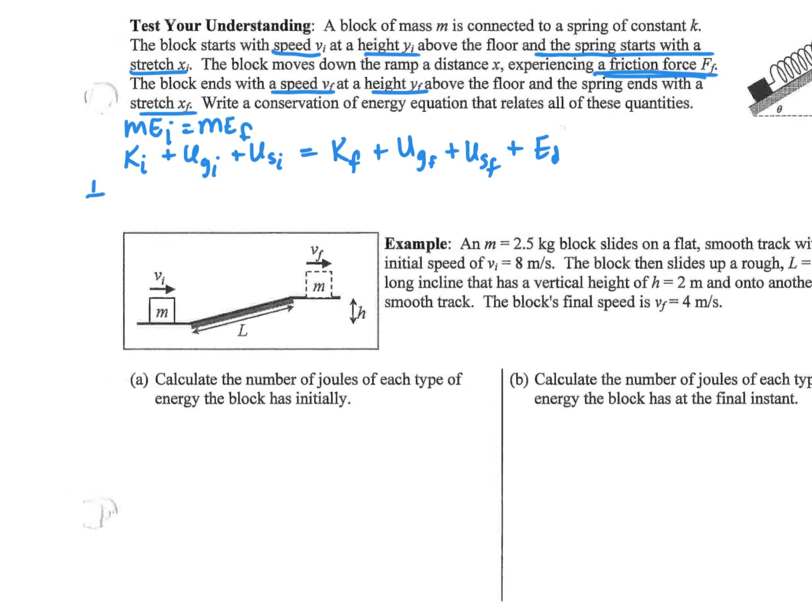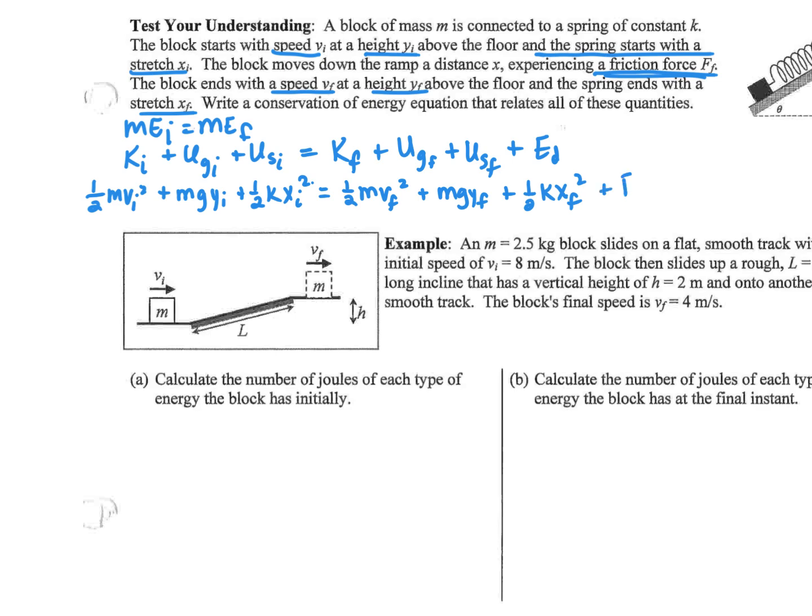This is 1/2 m v initial squared. This is m g h, height is y initial, plus 1/2 k x initial squared, because that's spring potential energy. It's going to end up with this much kinetic, that much potential, that much spring, and this is due to friction.